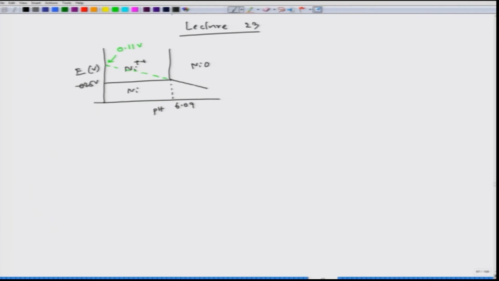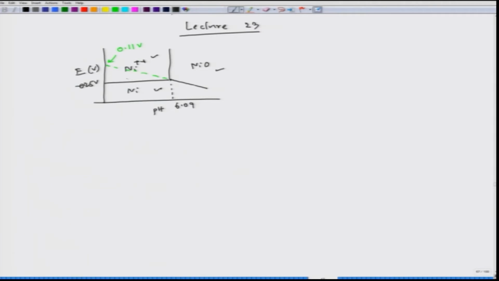And we could also see why different regions, how can we make sure that this region belongs to nickel, this region belongs to Ni-H2O, and this region belongs to Ni plus plus. This also talks about the stability of those phases in those regions in that E versus pH diagram. Moreover, each line indicates the equilibrium between phases.